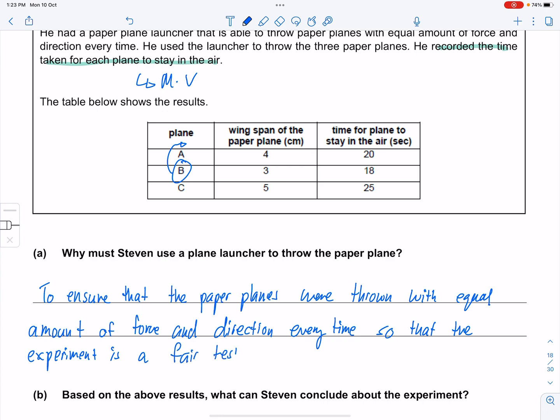Okay, so ask yourself, what is the opposite? What if you don't use a plane launcher? Okay, what will be affected?